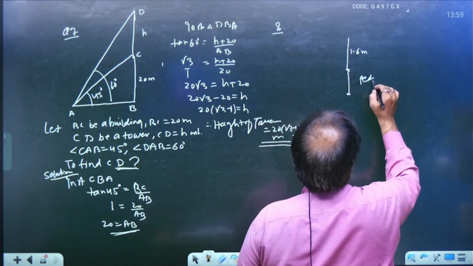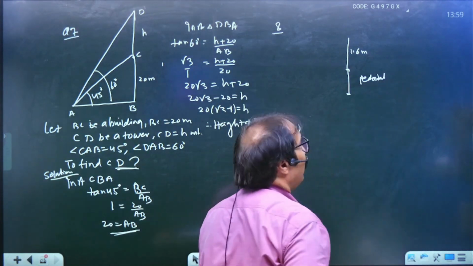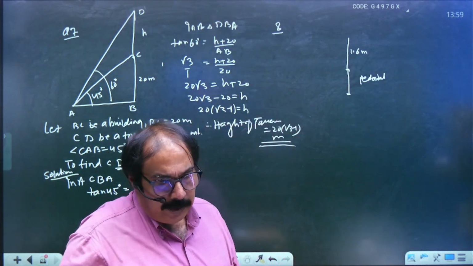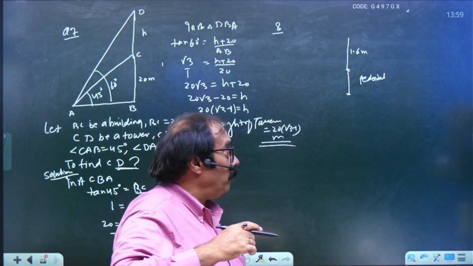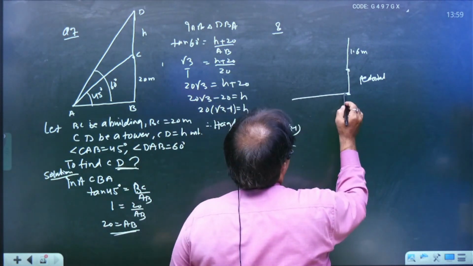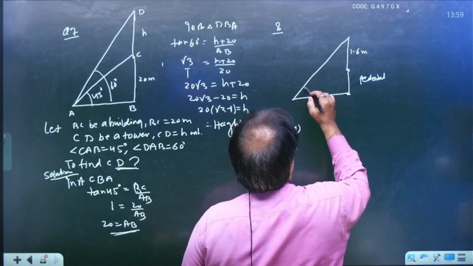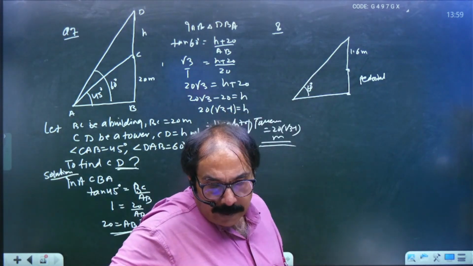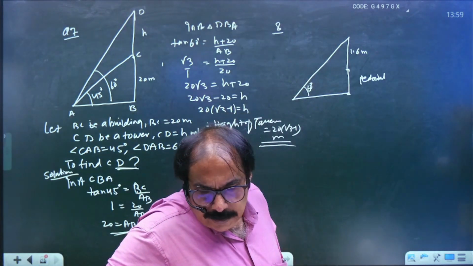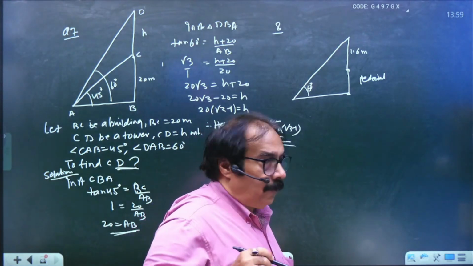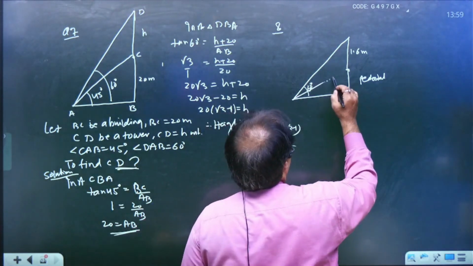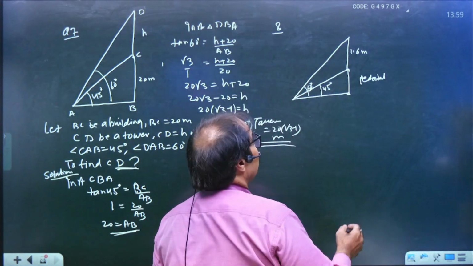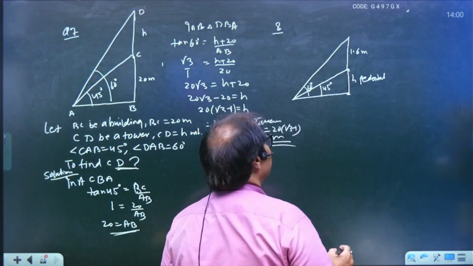As per the question, from a point on the ground the angle of elevation of the top of the statue is 60 degree, and from the same point the angle of elevation of the top of the pedestal is 45 degree. Then find the height of the pedestal.